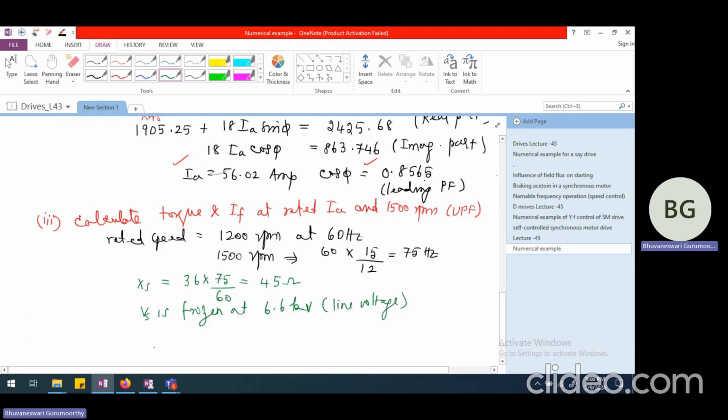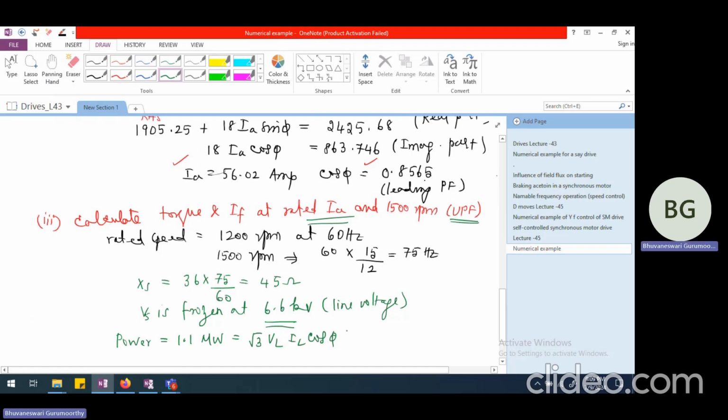So if the machine's voltage is frozen at 6.6 kV and the current is frozen at rated value and it is at UPF, the power will be again 1.1 megawatt. So the power is frozen at 1.1 megawatt and that is equal to root 3 VL IL cos phi.